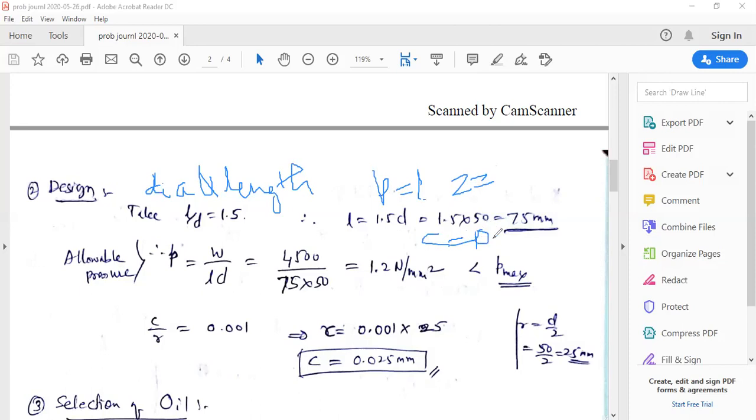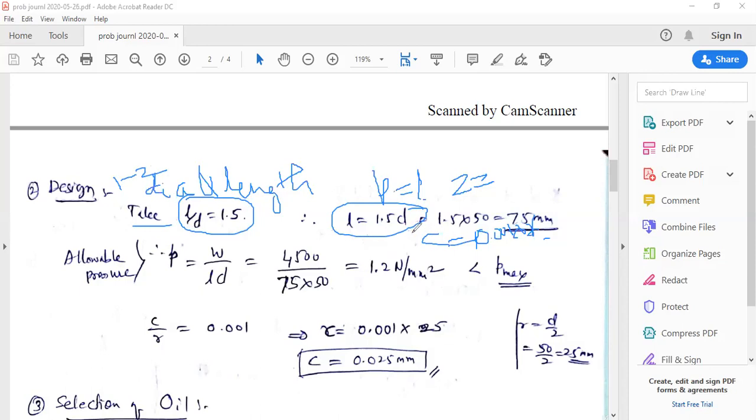That is 0.001 multiplied by r, the radius of the bearing. By using all this necessary information, we calculate the required values, as d is known here. With the help of that known d and a known ratio, L by D, 1.5 is selected, because here the range is 1 to 2, and in between 1 to 2 we have to select the ratio.